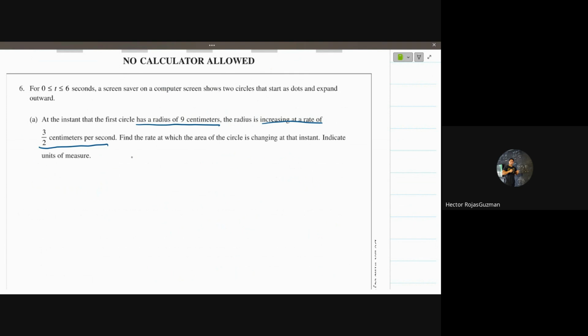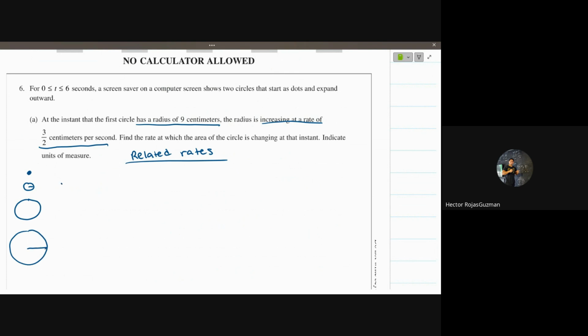So this right here, we're talking about related rates. Since we have a dot, and then it extends as a circle, which means the radius is increasing, and the area is increasing, the circumference is increasing, and as you keep extending the circle, everything is increasing, right?